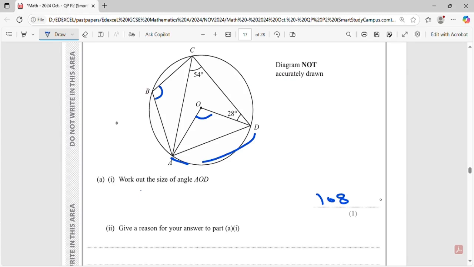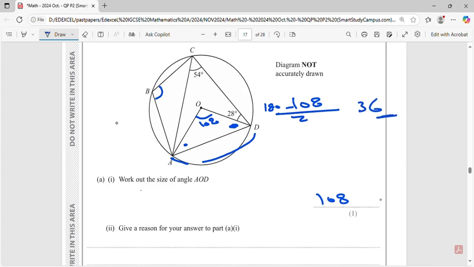So as long as we know that this is 108, I have to know each measure of this angle. And if I know each measure of this angle, I will say 108, of course, minus 180, and divided by 2 to know this measure. So 108 minus 180 is 72. Divided by 2, it will be 36.